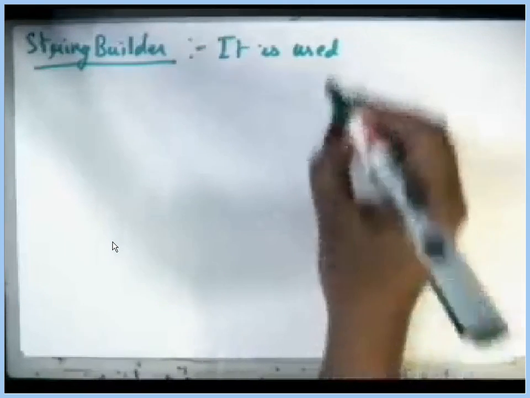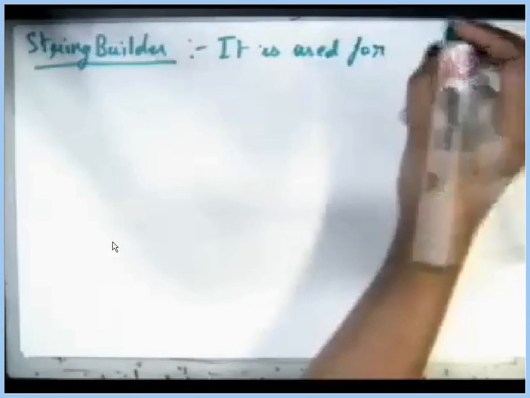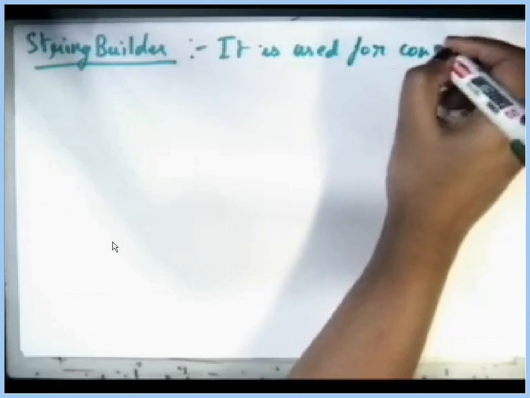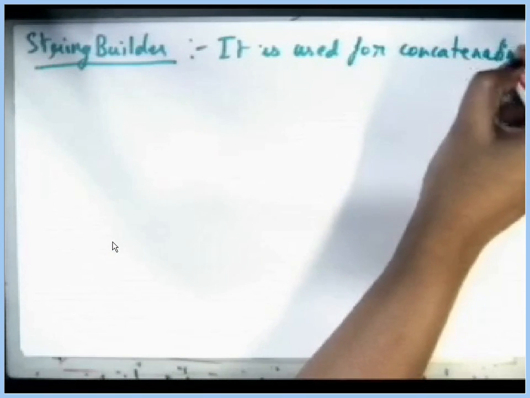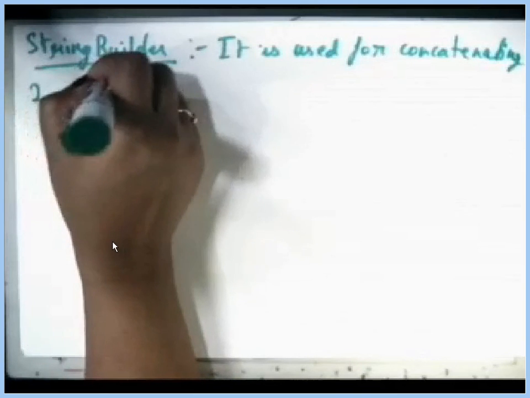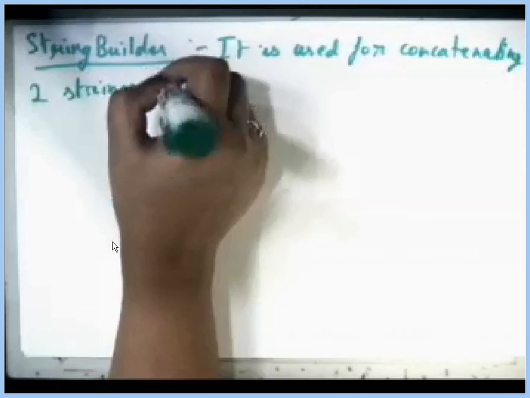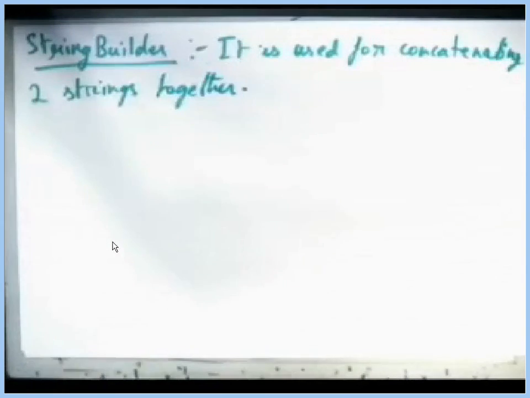So then we have string builder. It is used for concatenating two strings together. Same goes for string buffer.